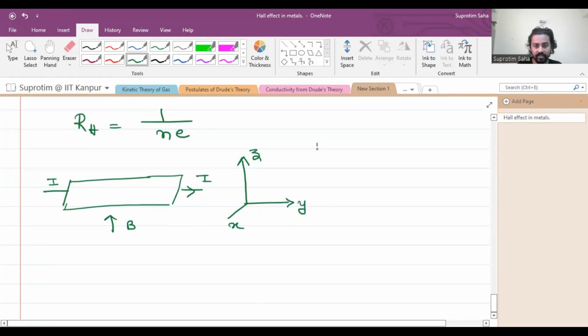Let me tell you, nothing to worry about, because this is just a matter of the convention of the coordinate system. Had I taken this coordinate system, like this, this is your Z cap.